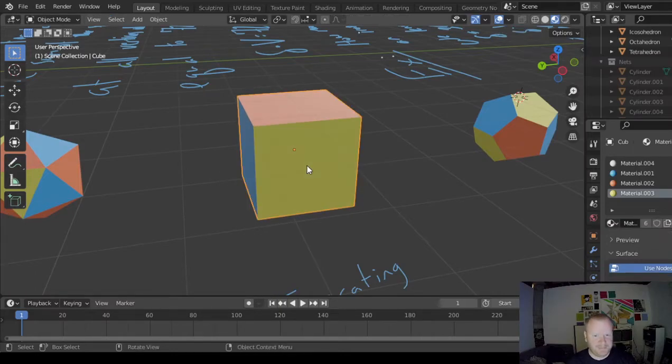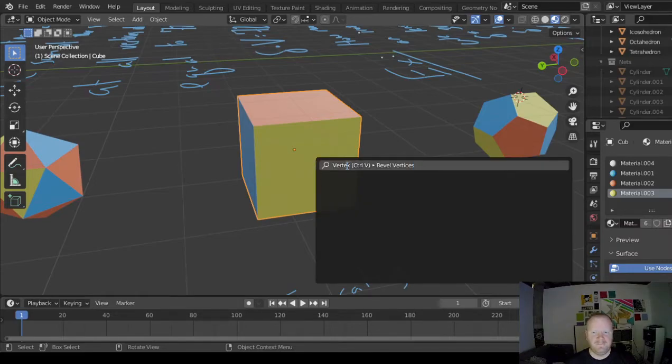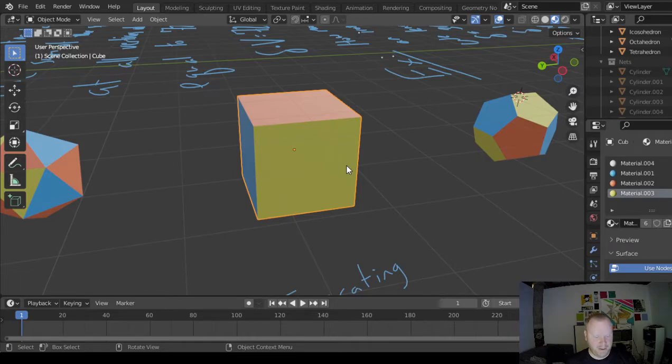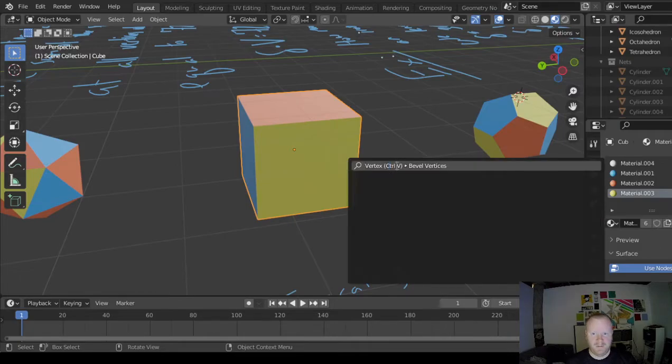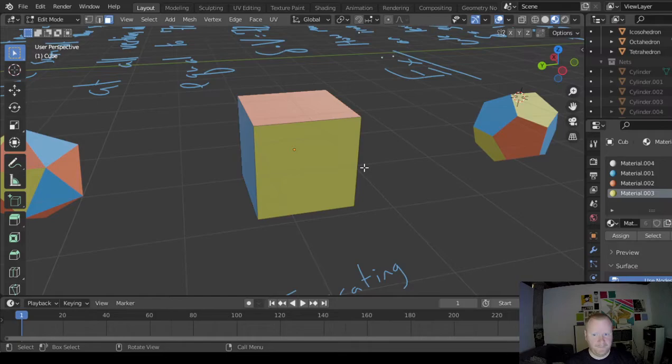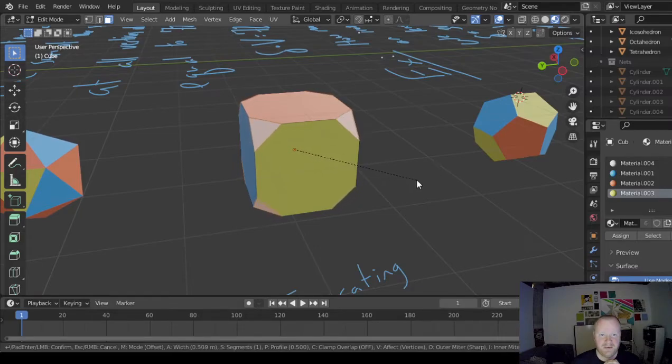And those 8 vertices, right? If we think about what's happening when we bevel it, each of those vertices is turning into a triangle.